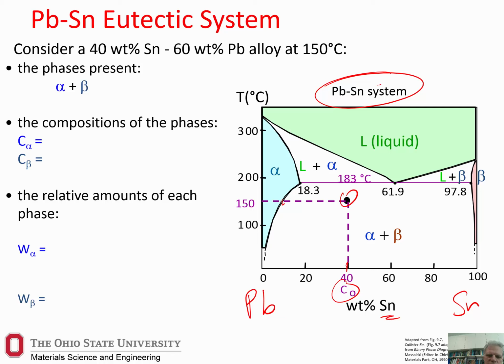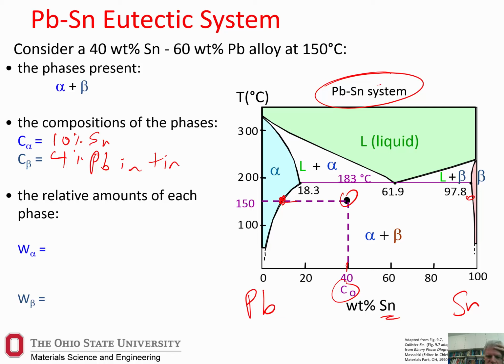The compositions of each phase: this would be my composition of alpha, this would be my composition of beta. So the composition of alpha is about 10% tin in lead. Composition of beta will be something like 4% lead in tin, Sn. And the relative amounts of each phase as well.